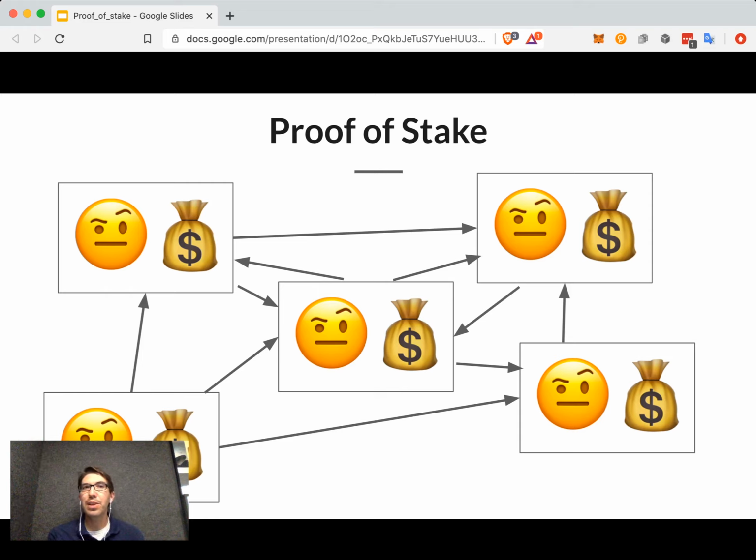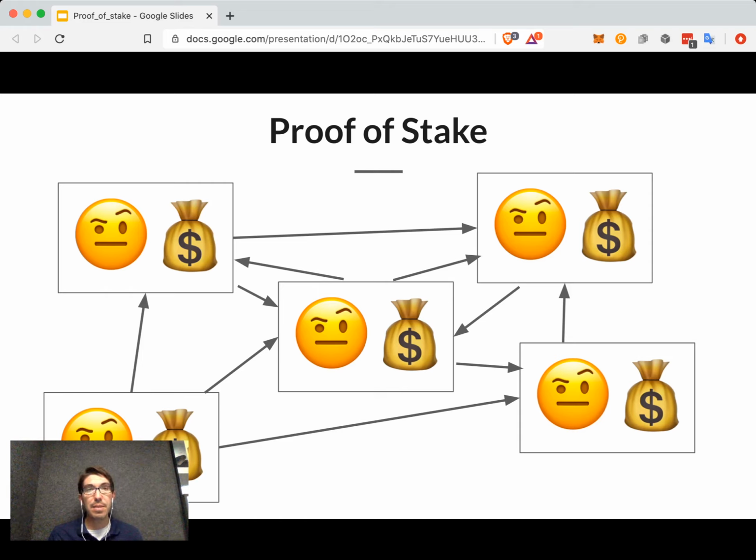Hopefully my listeners have never had to deal with a bail bondsman. But the idea is that you give some money to the bondsman, and that is your proof that you will show up to court. And if you try to leave, then you forfeit your bond. Or think of someone coming to fix your sink.